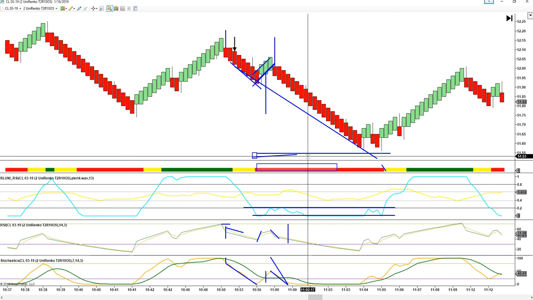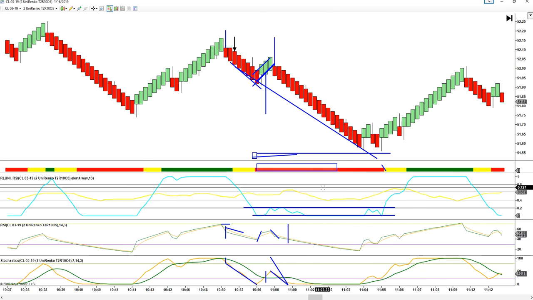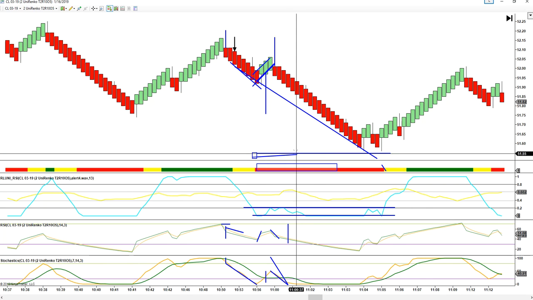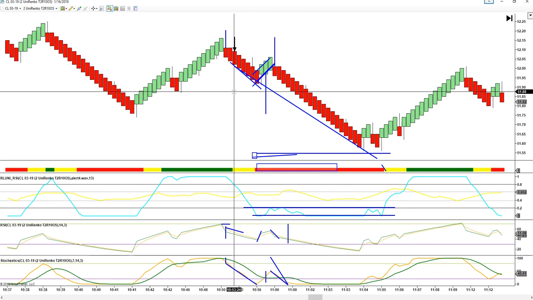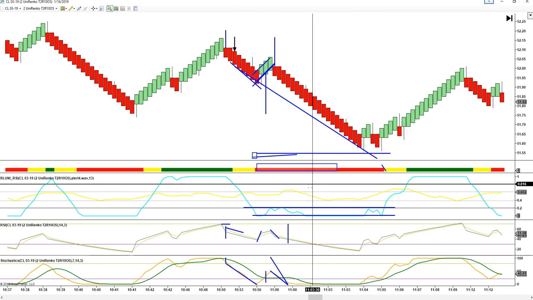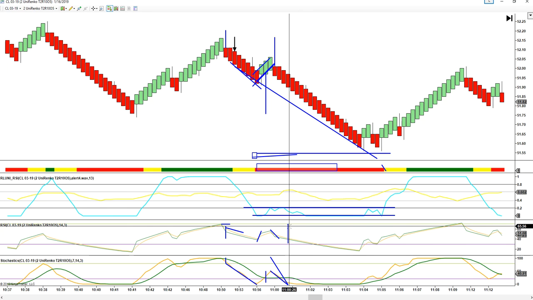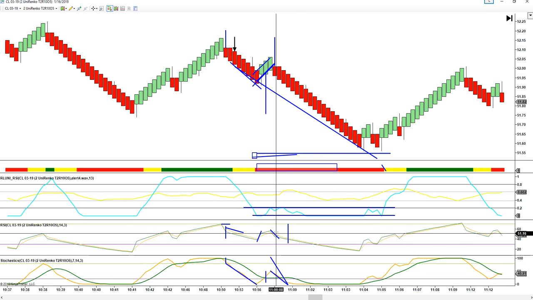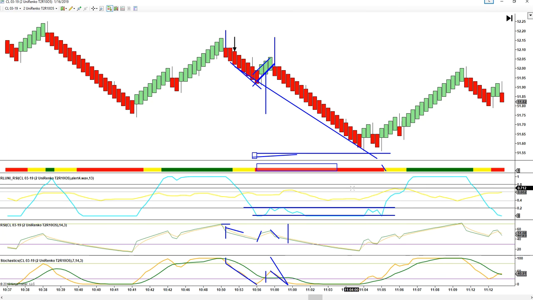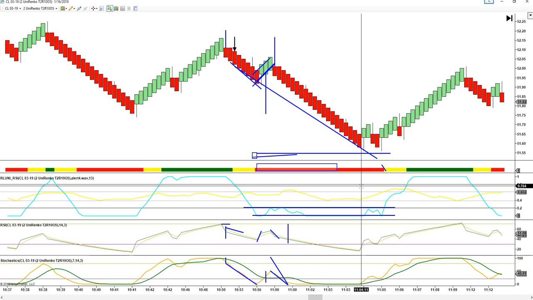You get that lock. So the modified Laguerre, with its precision and stability, gets you in a trade, usually earlier, but then it keeps you in the trade. Relative strength and stochastic do a really poor job. They're going to get you into some trades, you're going to get shaken out. So of all the oscillators, this is by far the most powerful.